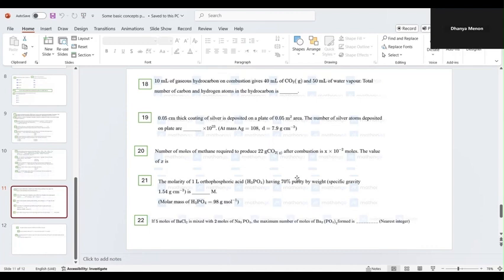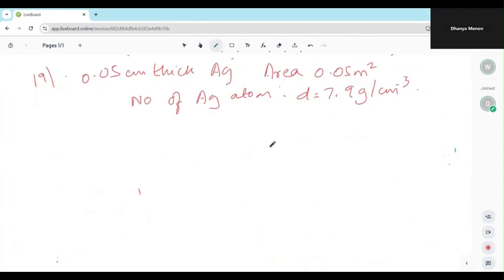Okay. Now the information that they have given, I have already noted it. Now, density is being given. Now the thickness of silver is given. Ag stands for silver. Right. Now, if thickness is given and the area is given, can we find out the volume? We can find out the volume. Volume is what? Thickness times area, right? So 0.05.